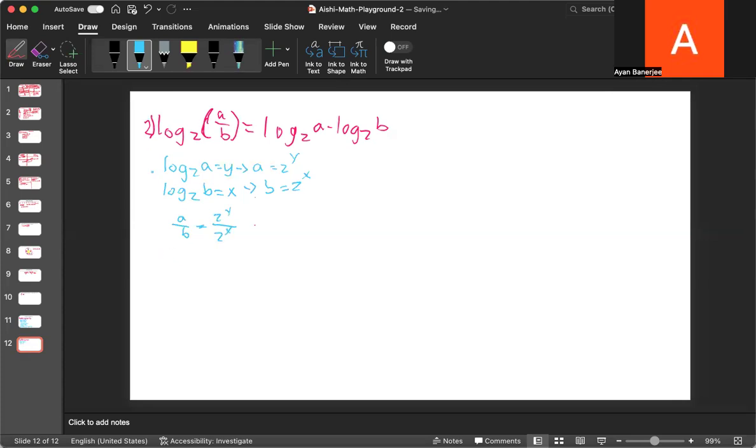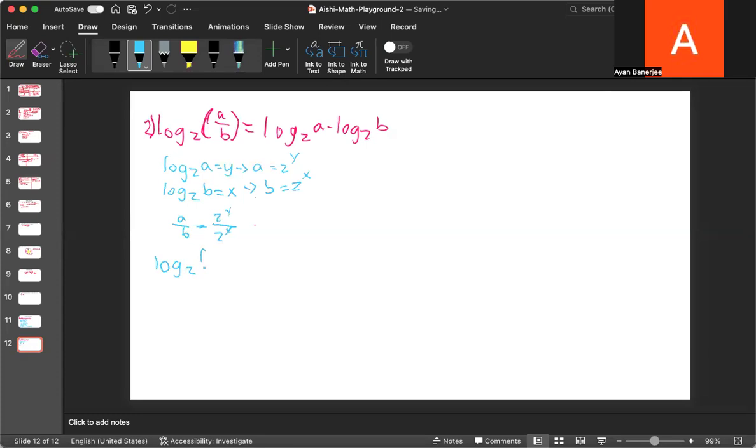So since we need to prove that log ZA divided by B is equal to log ZA minus log ZB, we're going to take log Z of this whole thing on both sides.